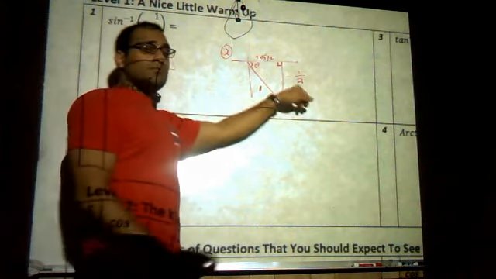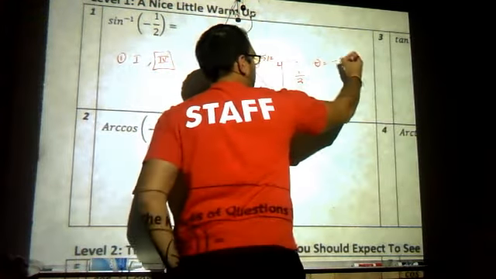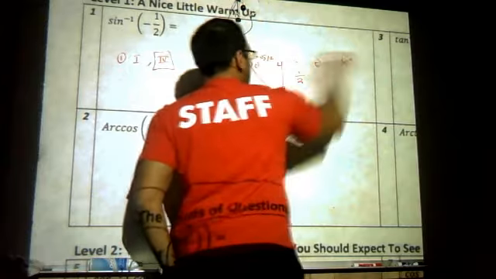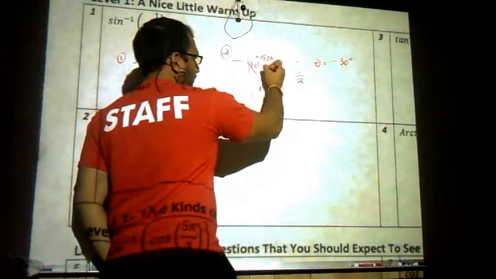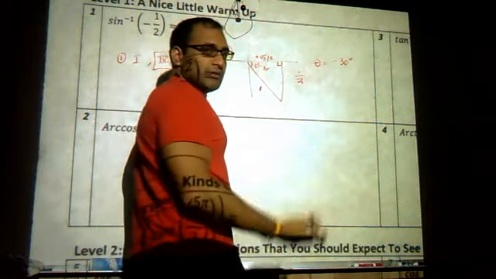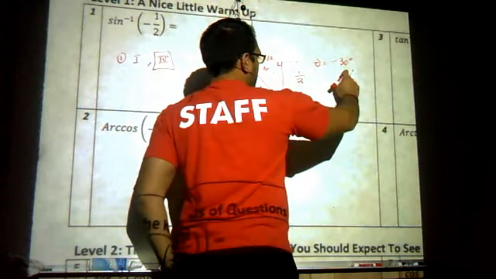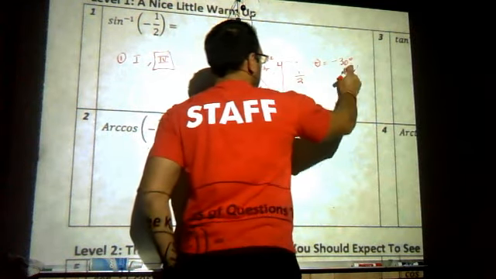My theta value must be negative 30 degrees. We know this because when we did SOHCAHTOA in our special right triangles a couple units back, the opposite of 30 degrees is 1/2. So theta is equal to negative 30 degrees.